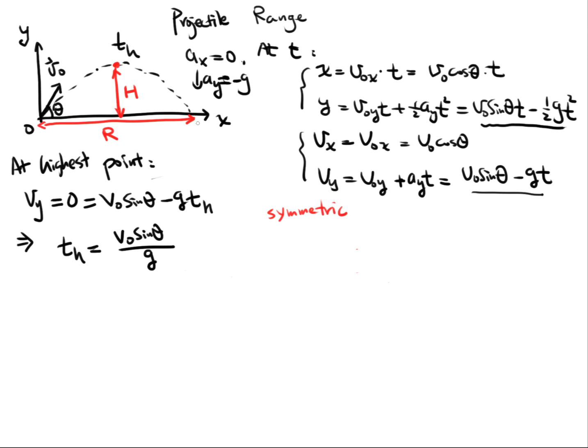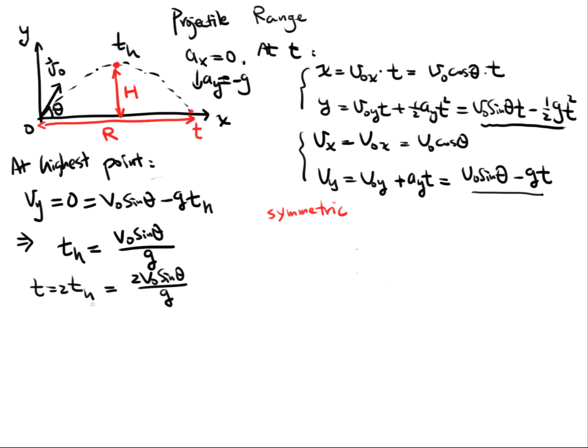And these two parts are symmetric, meaning that the total time, let's call it just t, for reaching the ground again is 2 times that. So we get 2v naught sine theta over g.